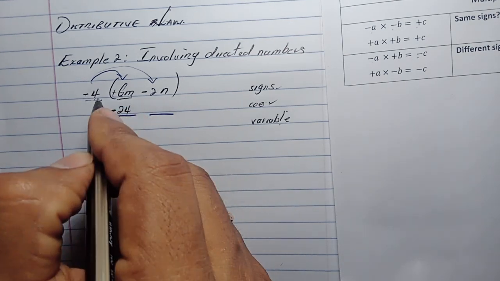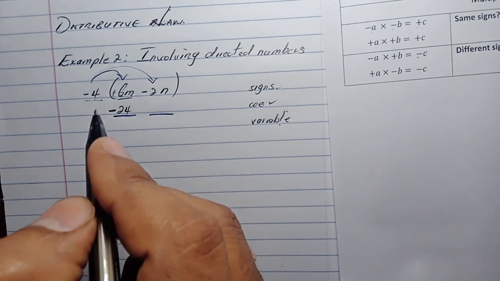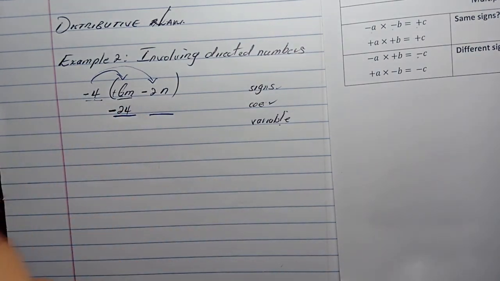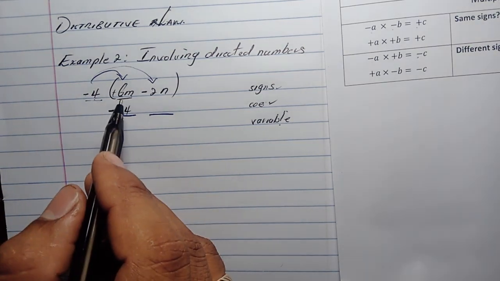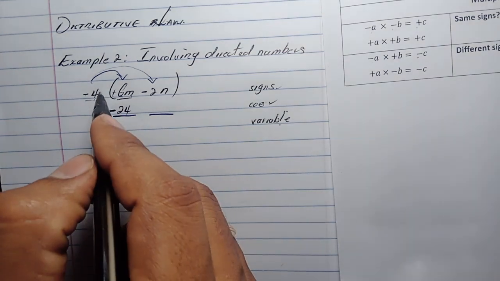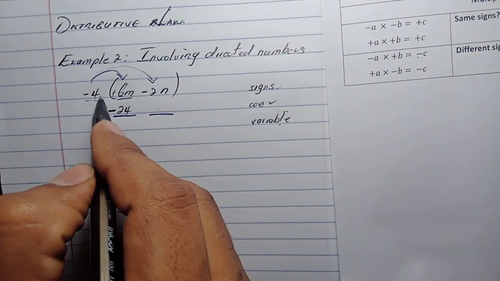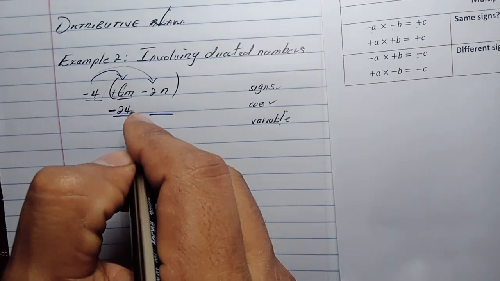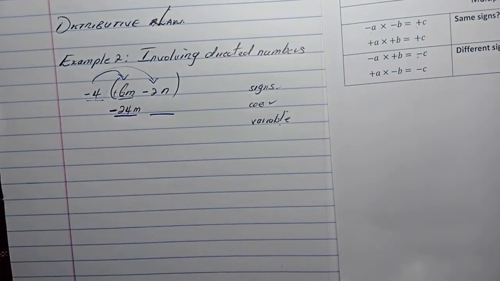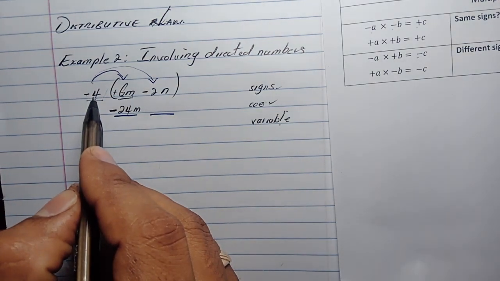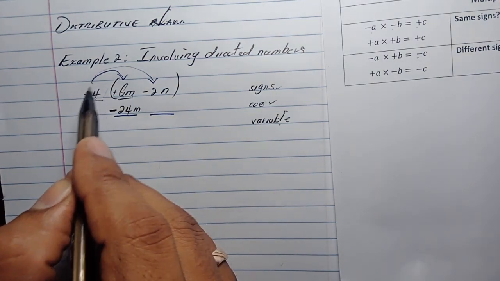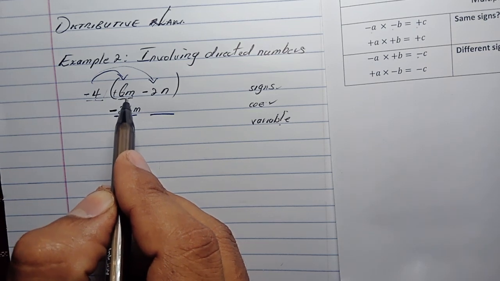We don't have a variable here, but we must have a corresponding value to multiply to the m. So we can imagine that there's a 1 here. So 1 times m is going to give you m. All right, so that is our first step: the term outside times the first term inside.